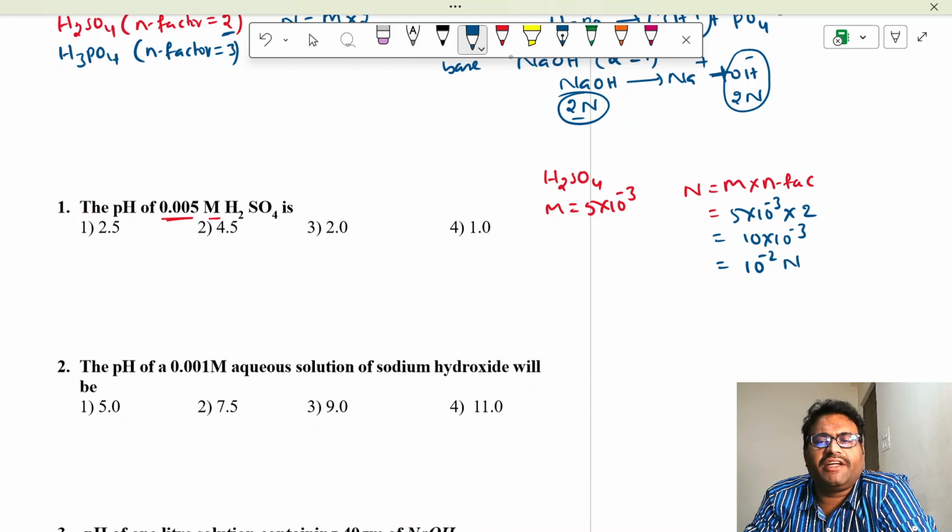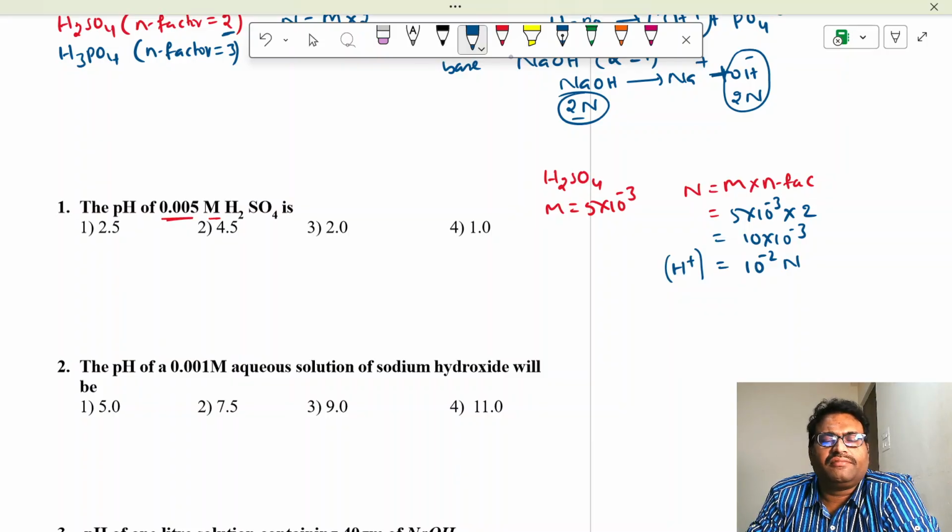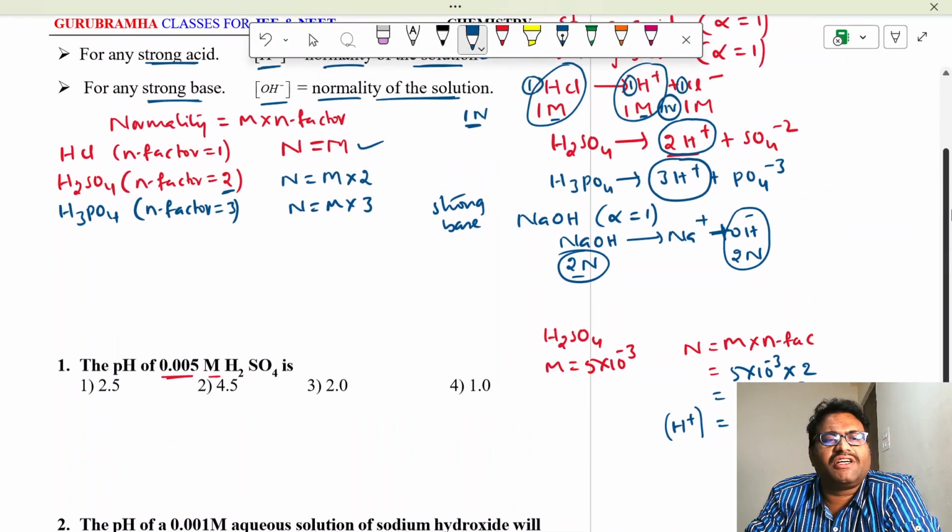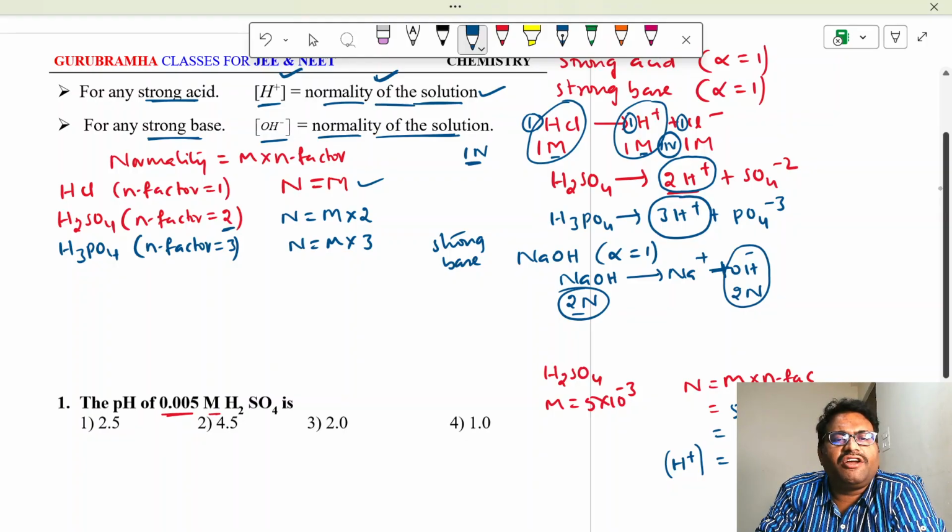Why am I directly taking the normality of H2SO4? The normality of H2SO4 is 10 power minus 2 normal, and directly I can take it as H+, because we have discussed before that for a strong acid, normality is equal to H+ ion concentration.